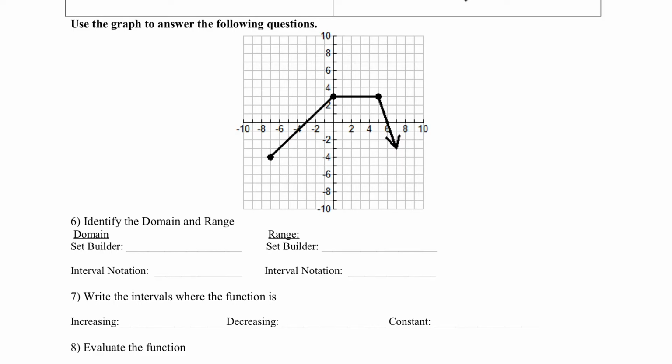We're going to look at the lowest x value in this function, and we notice that it starts at -7. And if I were to trace this, I'm going to continue going, and you notice that the arrow indicates that it's going to continue going forever.